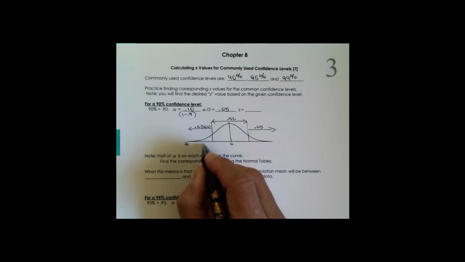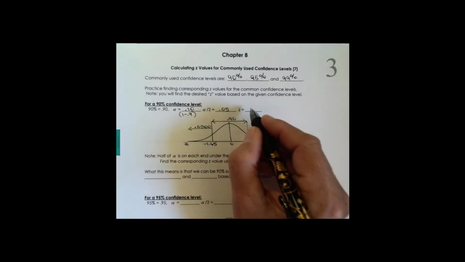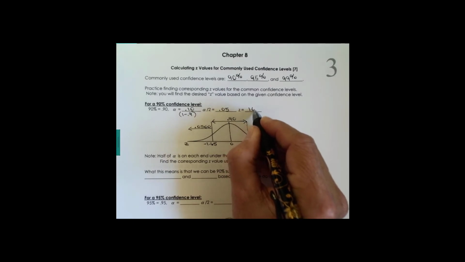I usually use 1.65 for the 90% level. So I would say this number right here is a negative 1.65. So the other side of this is going to be a positive 1.65. So I have found my z-scores, 1.65, and when I set them up, it was plus and minus, wasn't it?